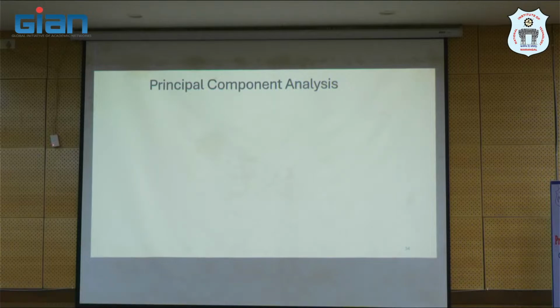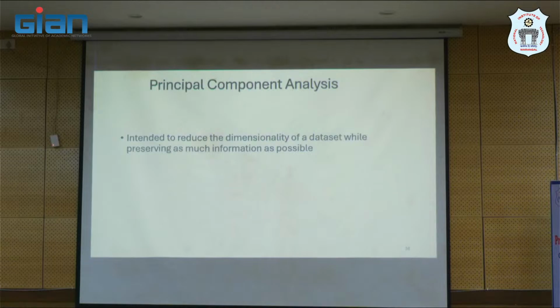So principal component analysis by definition is intended for dimensionality reduction. Okay, so what do I mean by that? In the previous example, we had a feature vector comprising kurtosis and RMS.